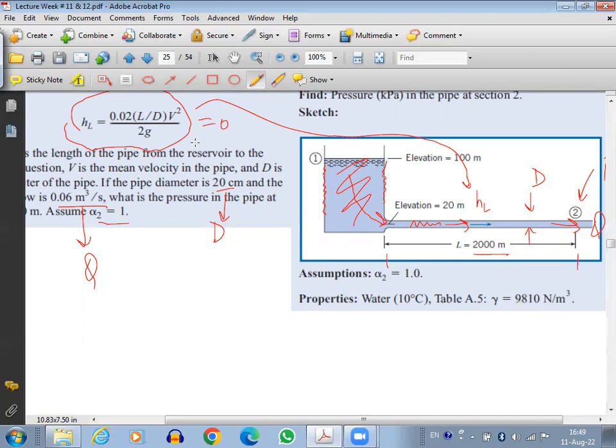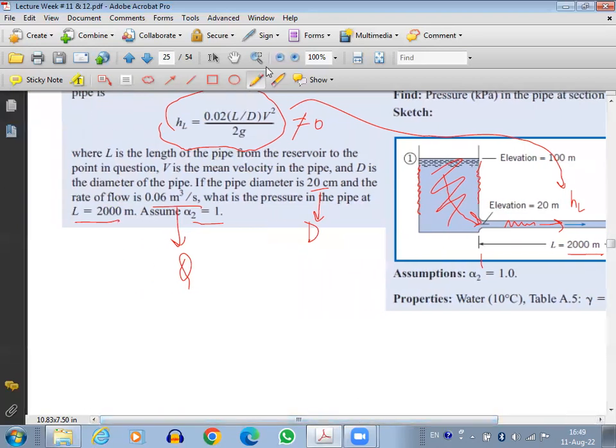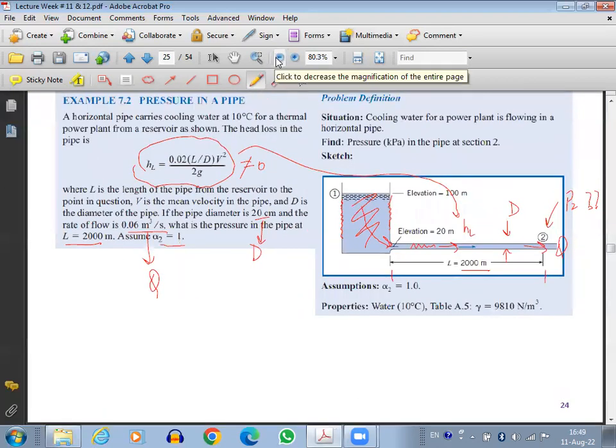But here we have viscous effects, so head loss is not 0, and you cannot use Bernoulli's equation, which is for inviscid flow. So we are left with the energy equation. This is how you recognize that this problem needs to be solved using the energy equation.